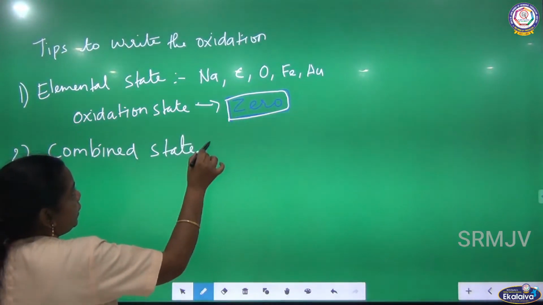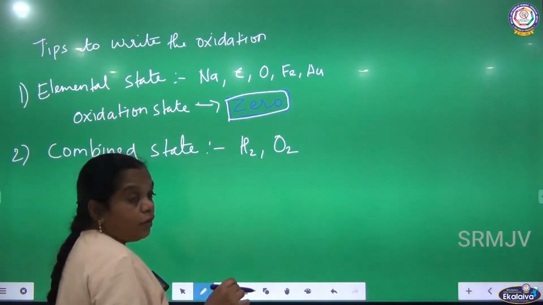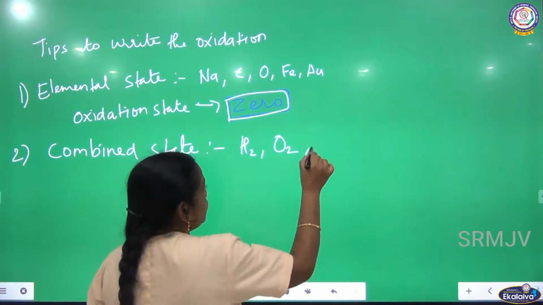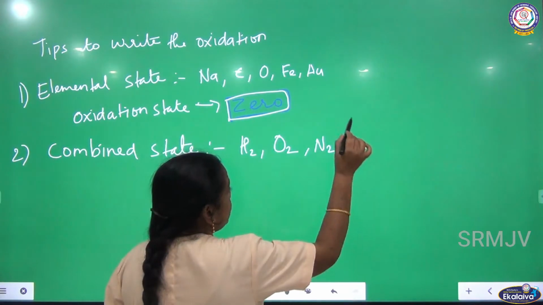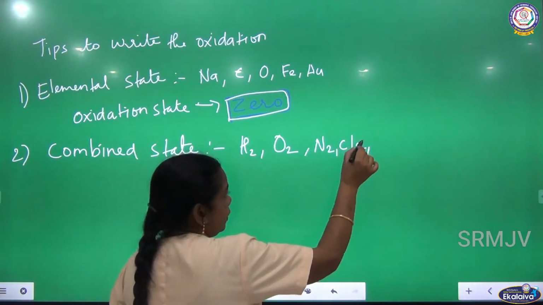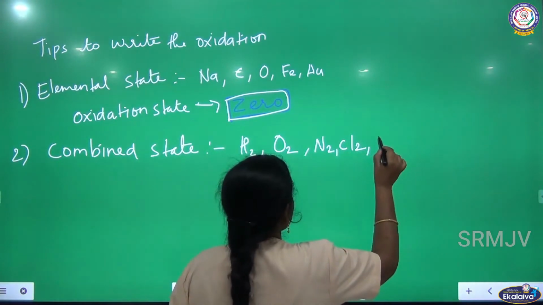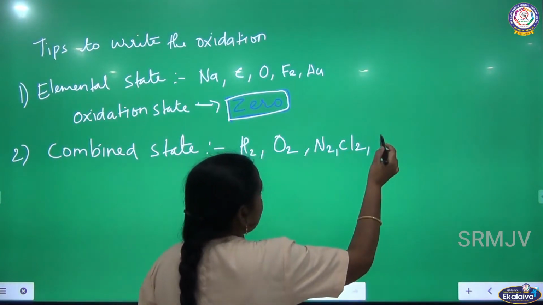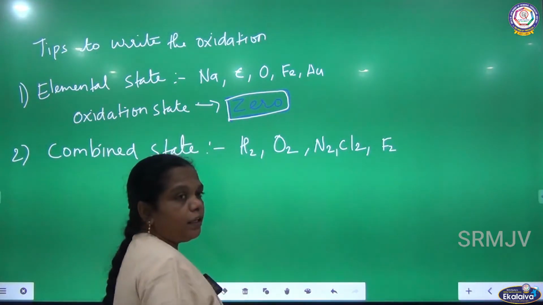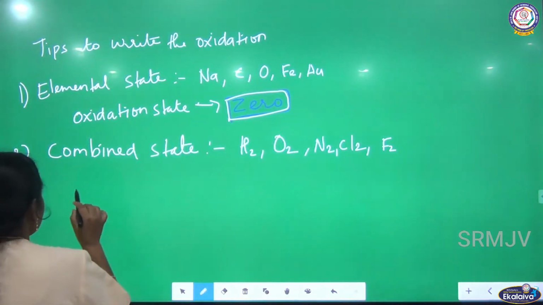The combined state is nothing but H2, or all the gas molecules found in the form of combined state, like O2, N2, Cl2, and like that you can see in the combined state, N2O2, F2. In the combined state, what is that? The oxidation state for the combined state is also 0.